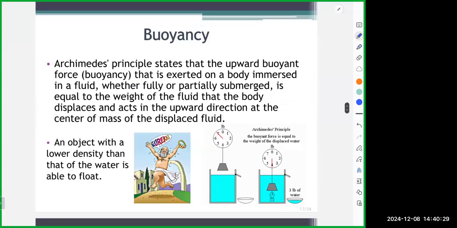Another one is about the buoyancy force. This one is very important for the application in today's technology. Archimedes discovered it.